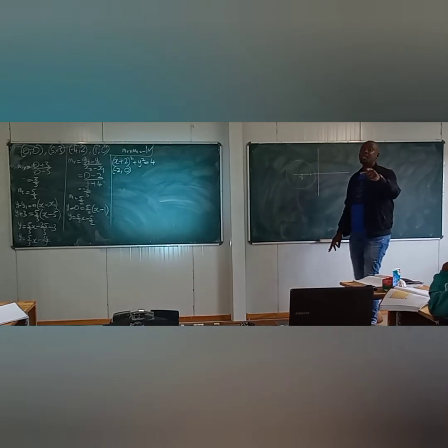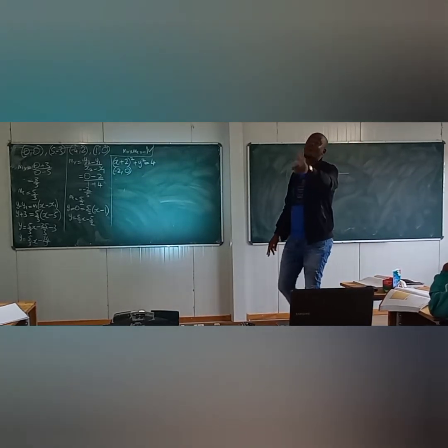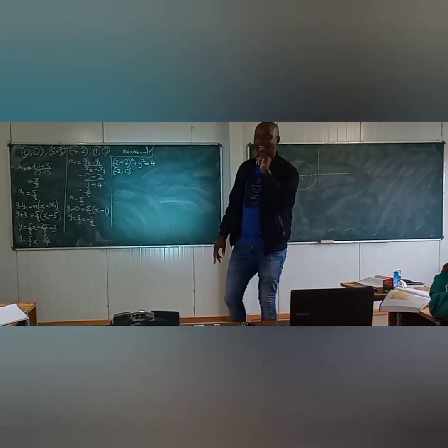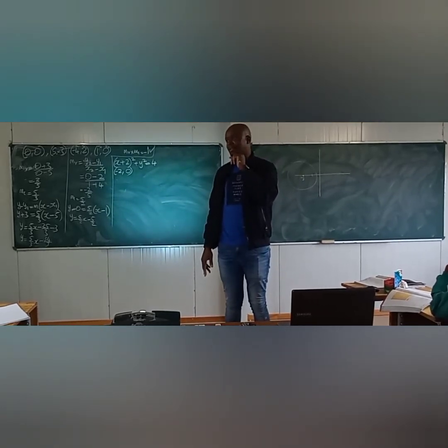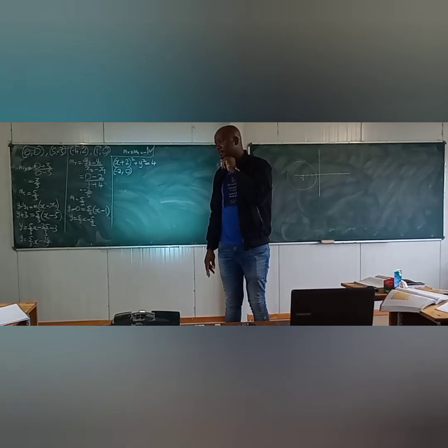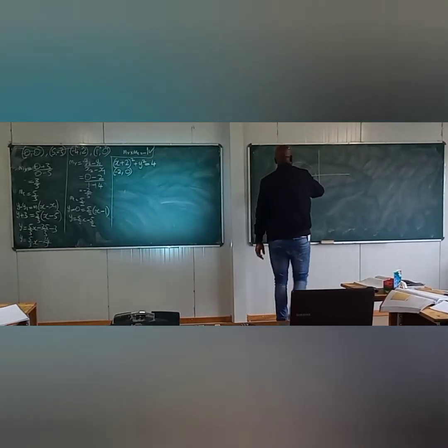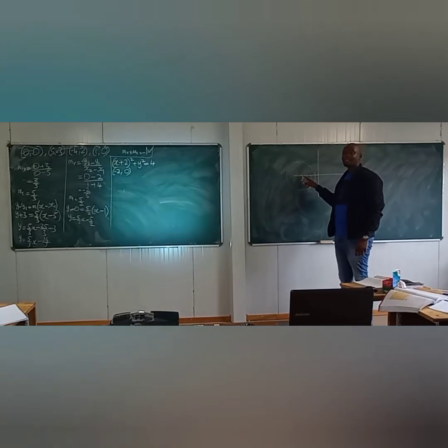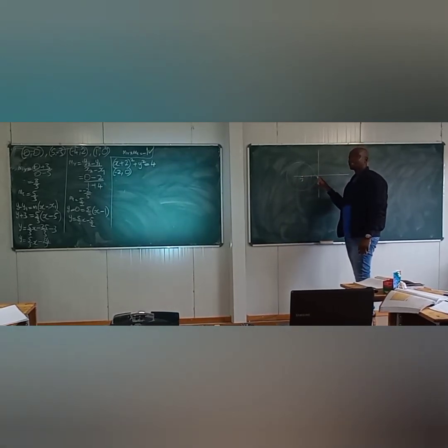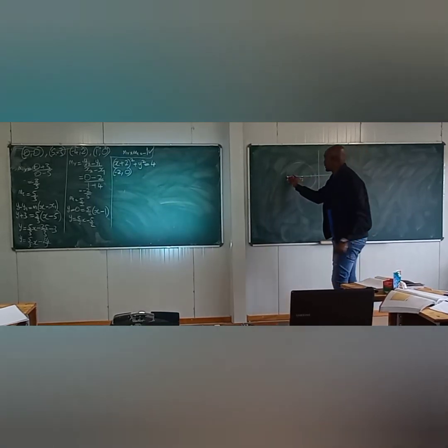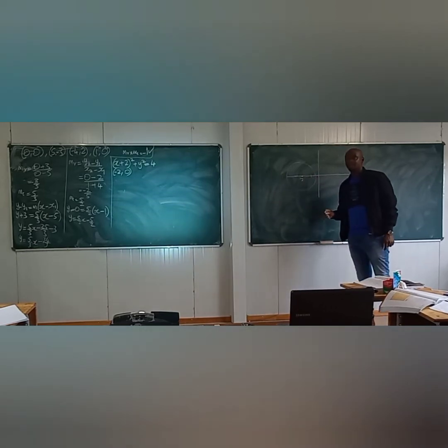Do you agree with me? The radius or the diameter is a horizontal line. It's the x-axis, because the center is where? At the x-intercept. The radius is a horizontal line.